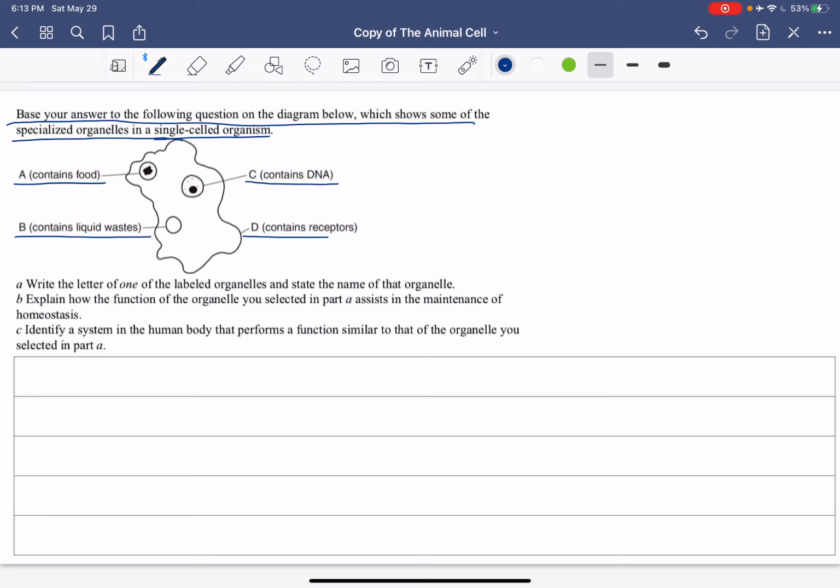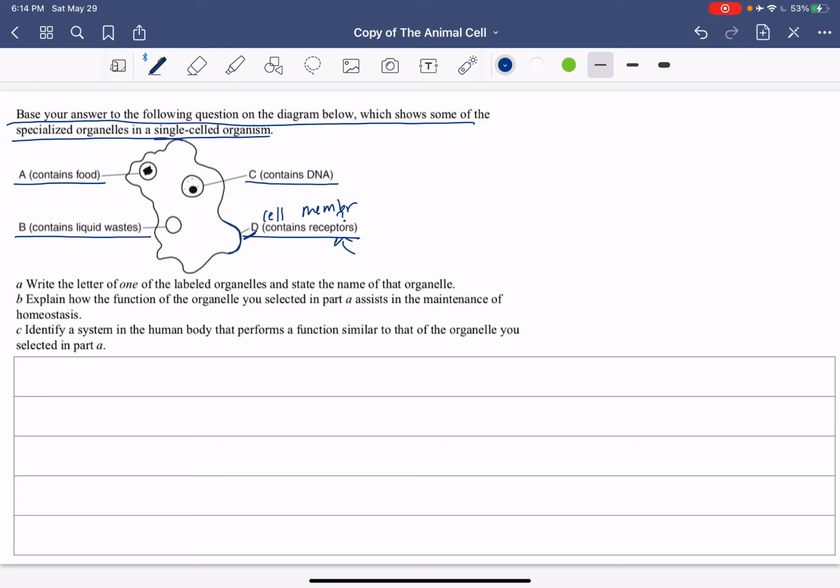D contains receptors. So let's say you have no idea what this means, contains receptors. We will talk about that in the video that I'll have about the cell membrane. Just look at where it's pointing to. It's pointing to the outermost layer of this cell. So D is the cell membrane.